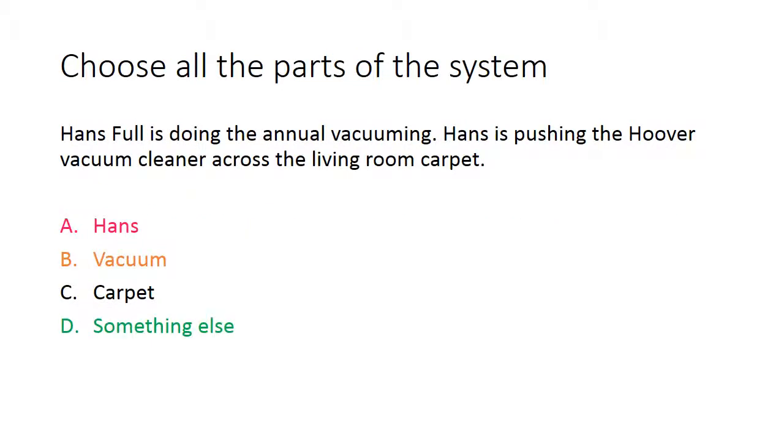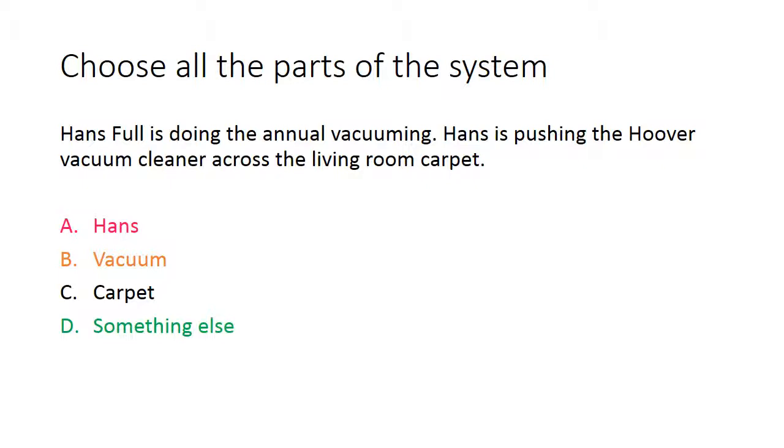Okay, here, Hansville is doing his annual vacuuming. He's pushing his vacuum cleaner across the living room carpet. Now, all of these, Hans, vacuum, and the carpet, are part of the system, because really one of those isn't going to be interacting without affecting the others. So the only question here really was if you picked D, something else.